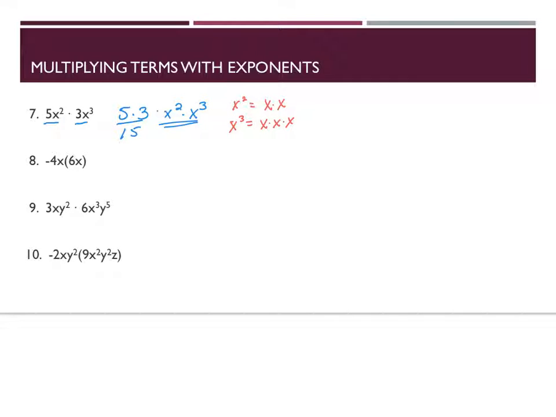So if I have x squared times x to the third, that means I have x times x for the x squared, x times x times x for the x to the third. Those two bunches are being multiplied together. Altogether, I have 5 x's being multiplied by each other.